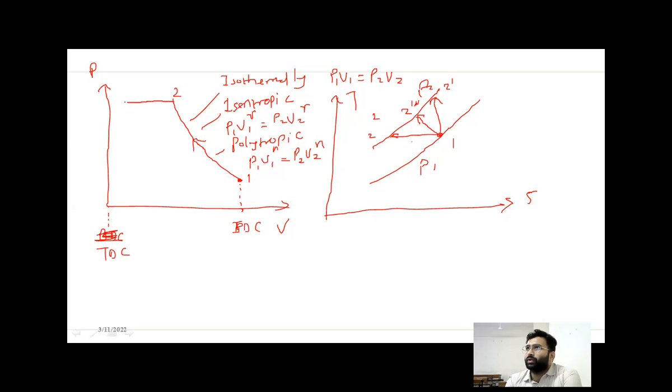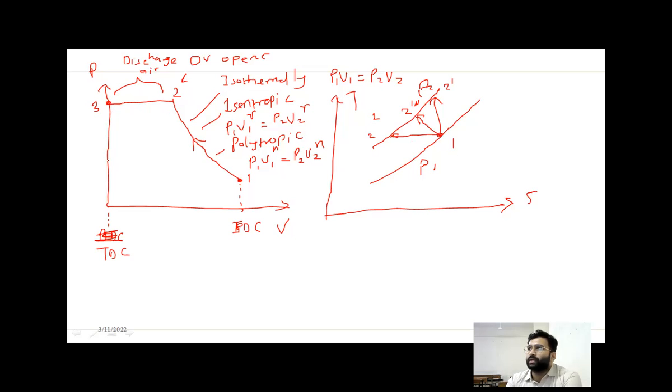Then there is 2 to 3. This is the discharge. At point 2, the discharge valve opens, and this is the amount of air that is being discharged. Now air is fully discharged and the piston is at TDC.